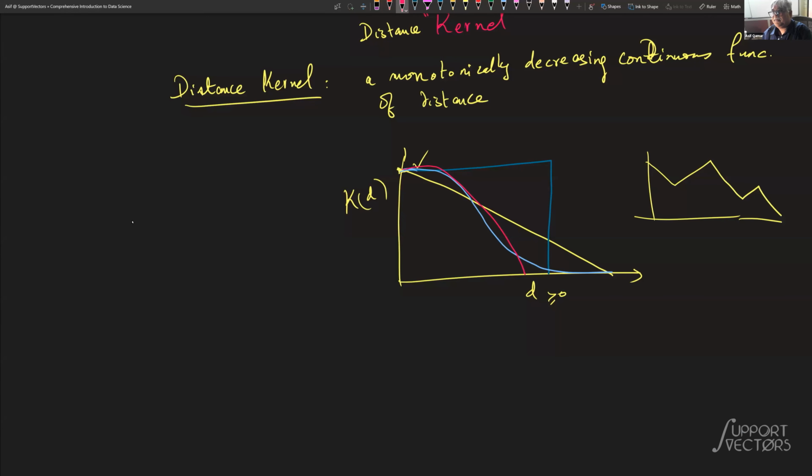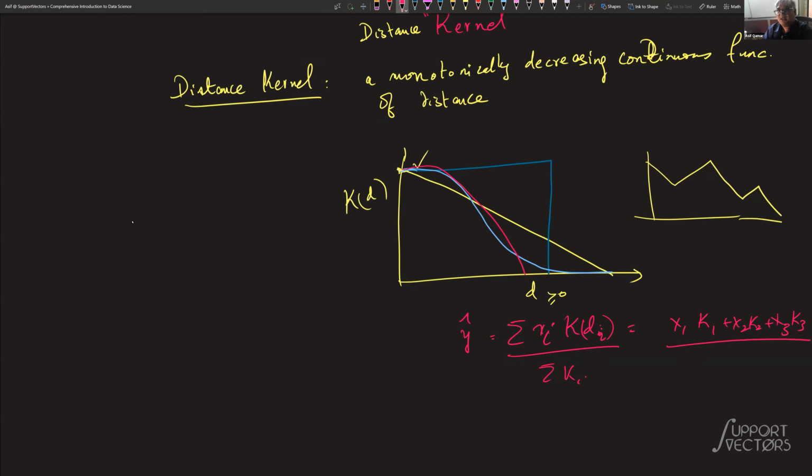Are we together? And therefore, now what happens? Your y hat is the sum of these, right? So in other words, it is x1 k1 plus x2 k2 plus x3 k3, with, of course, the normalizing constant.